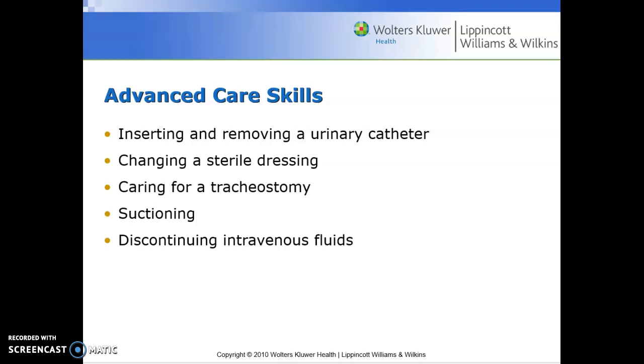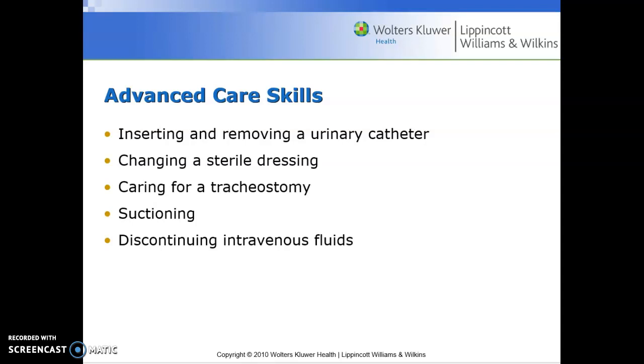Because inserting and removing a urinary catheter has to be performed sterilely, this makes it an advanced skill.